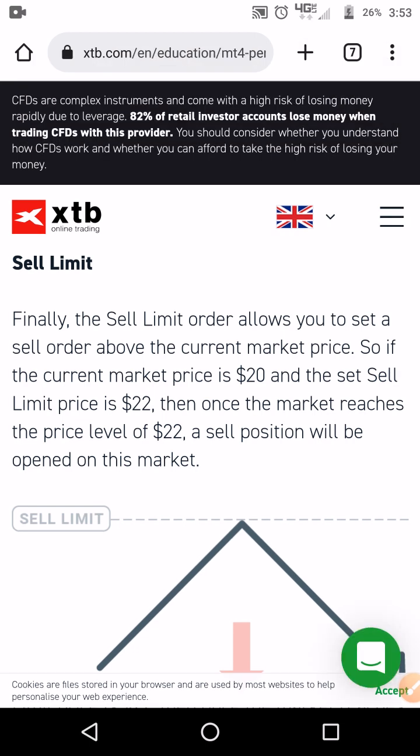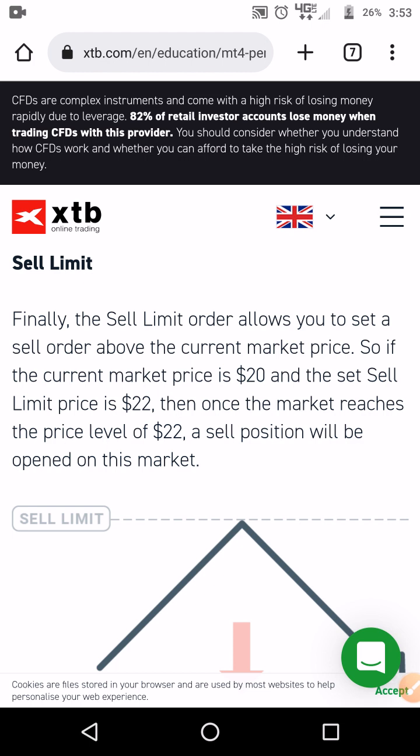So with this one, you create your sell limit above the current market price. If the current market price is at 20 US dollars, then you are setting your sell limit above that market price.